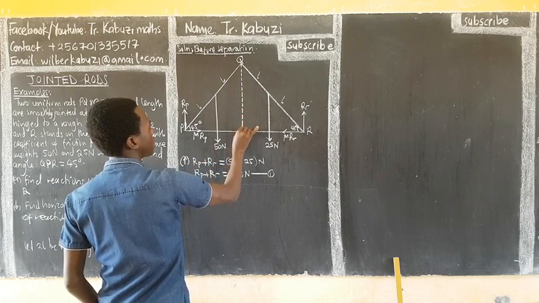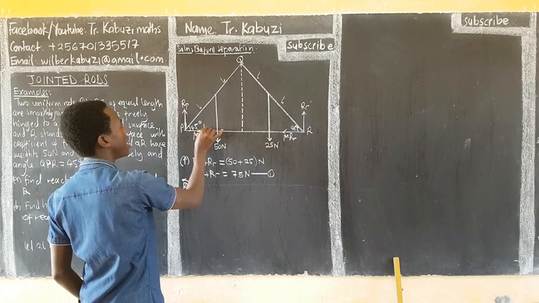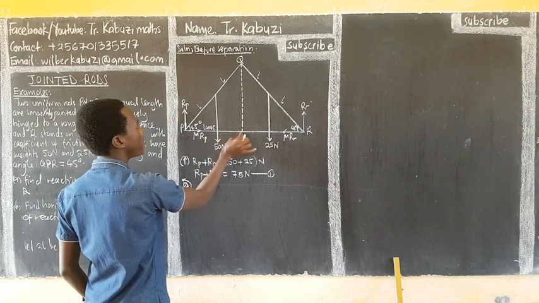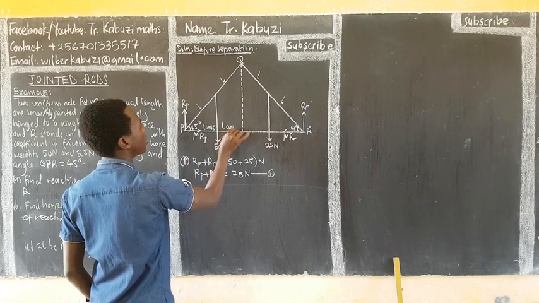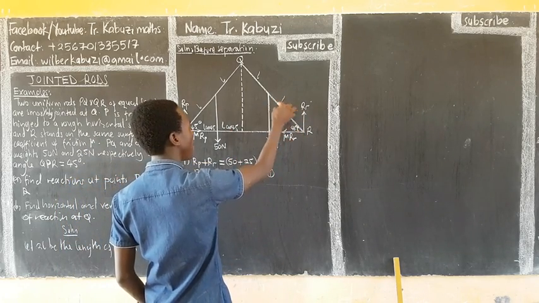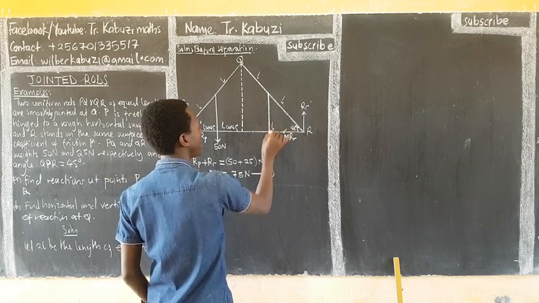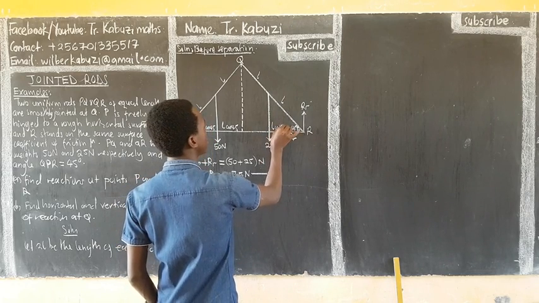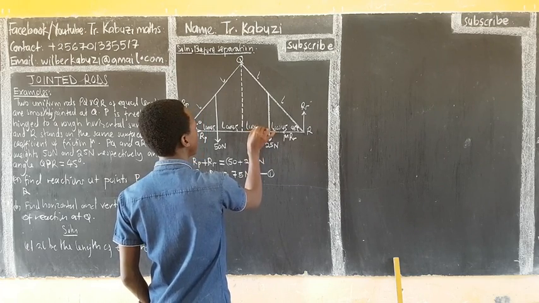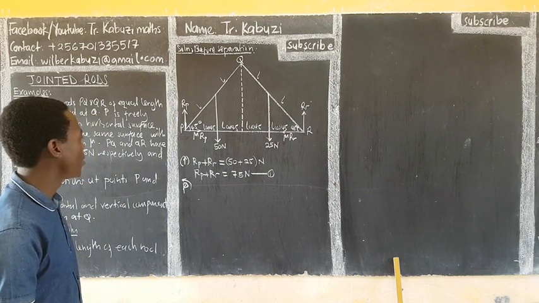If this is L and I have this angle, this is going to be L cos 45 because this is the adjacent, which goes with cos. And the distance from here up to here is the same as from here up to here, so it is also L cos 45. Basically, you now have all the distances you want.